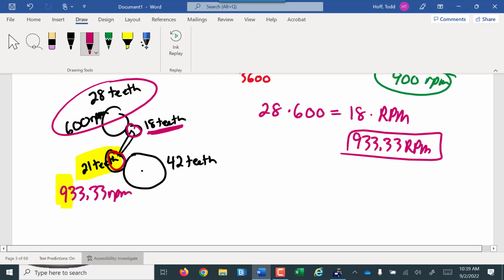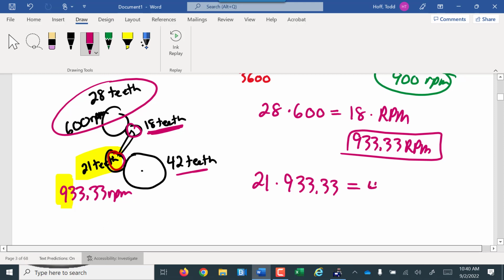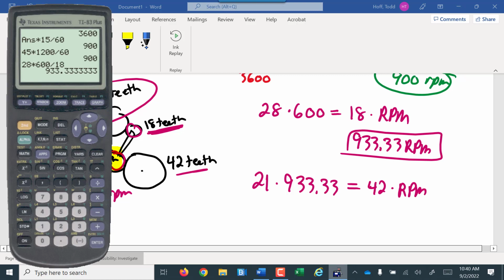So we start off to find this final RPM of the 21 teeth times the 933.33. Now notice I didn't clear my calculator because that is a weird continuing decimal. It's actually 1/3. I left it in my calculator, so I'm going to keep going with that calculation. Equals 42 teeth times our final RPM. So we keep the 933.333 times 21, and then we'll divide by 42.